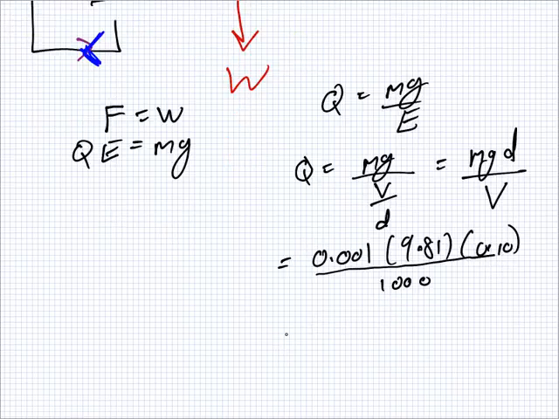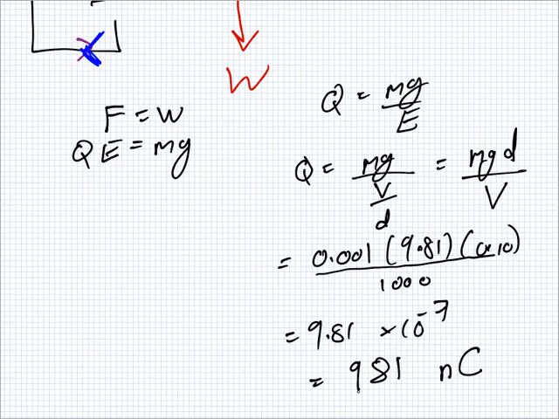So that is 9.81 times 10 to the minus 7. Or if you want, that's 981 nanocoulombs. And the minus, but I don't really care about that.